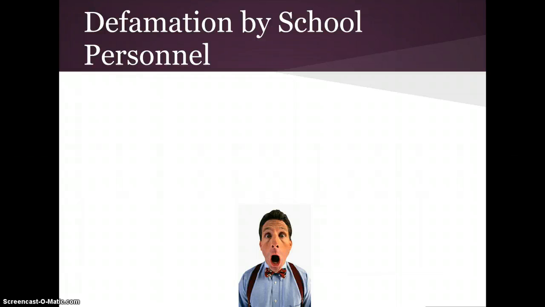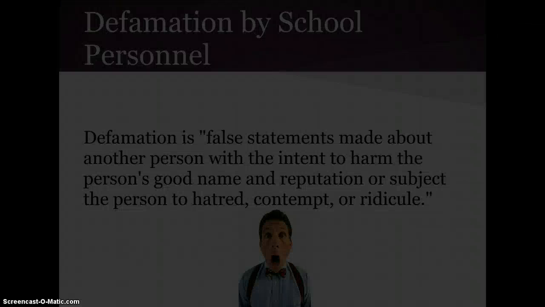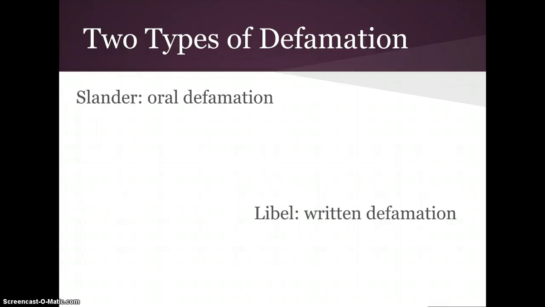Defamation by school personnel. Defamation is false statements made about another person with the intent to harm the person's good name and reputation or subject the person to hatred, contempt, or ridicule. There are two types of defamation: slander and libel.